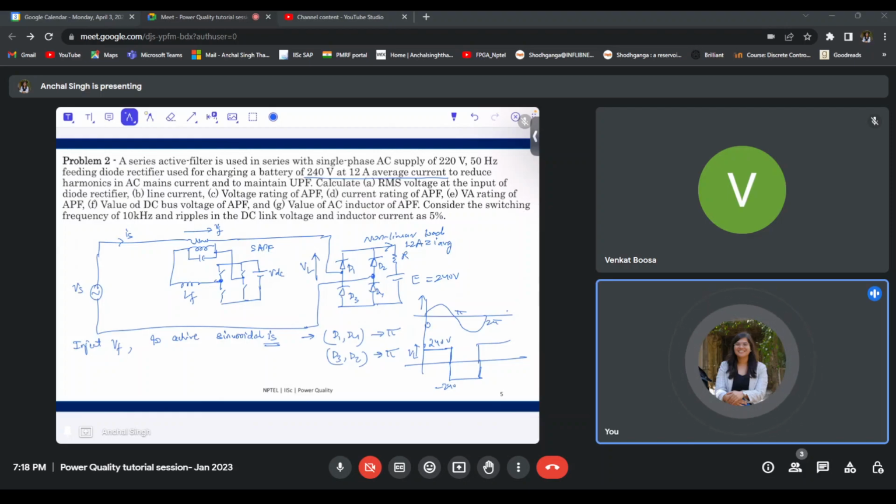So the RMS value of this VL waveform is 240 volts, right? So the answer of the first part of our question, that is the RMS voltage at the input of the diode rectifier, is 240 volts.